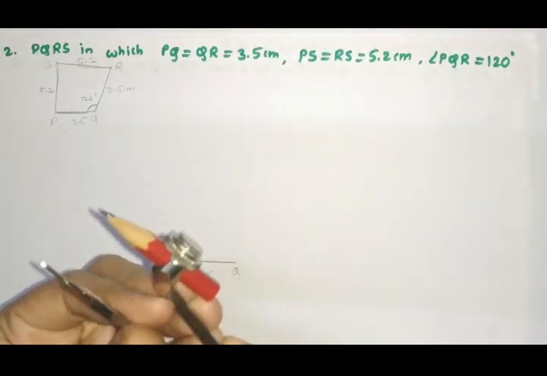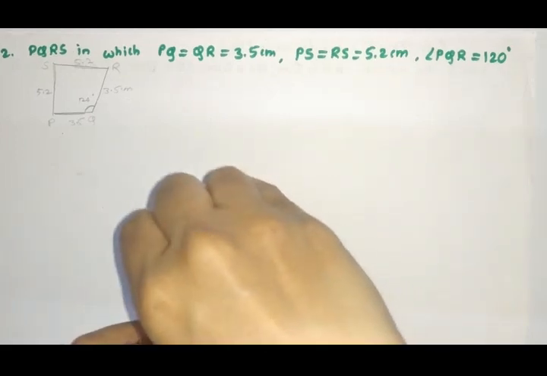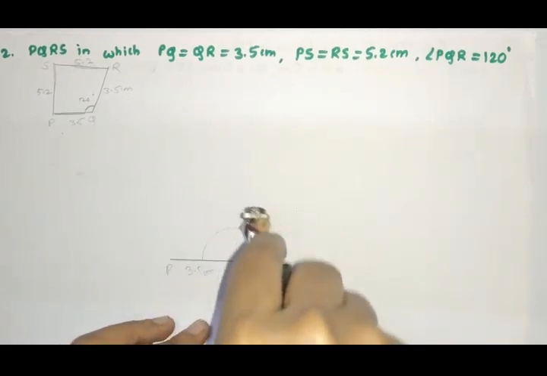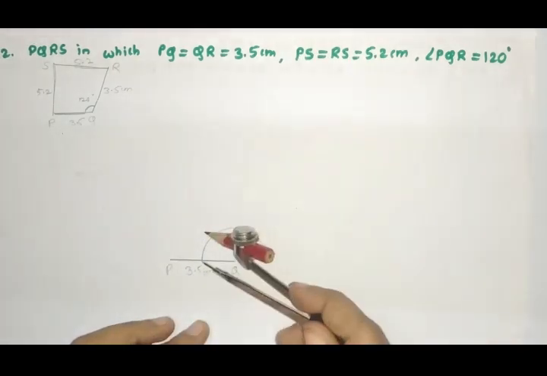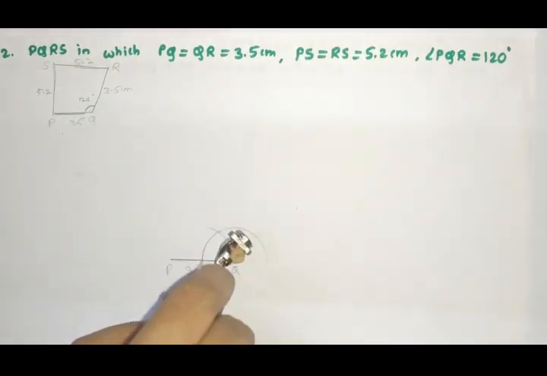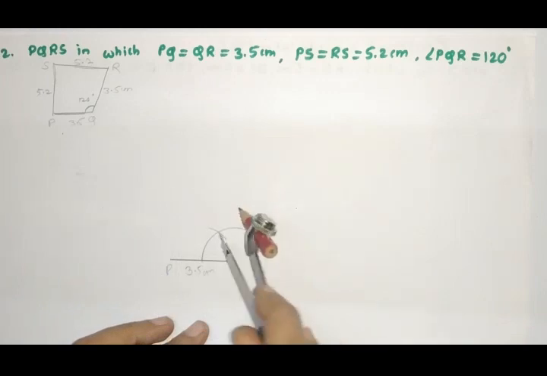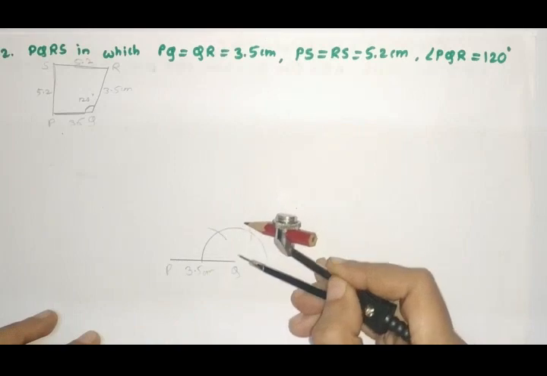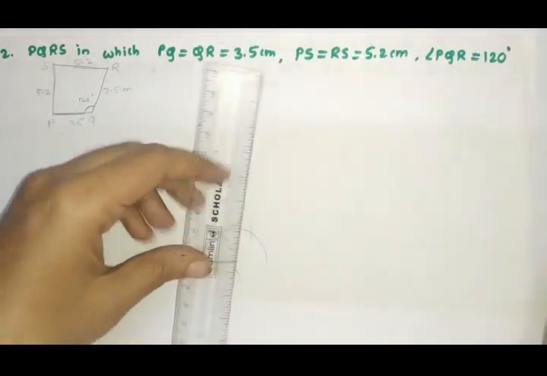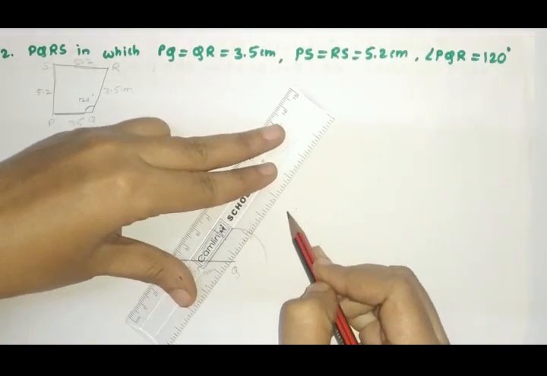Take any radius and just cut one arc here, and with the same radius cut one more arc. This is 60 degree, and with another arc you draw 120 degree. So the point which you got is 120 degree. So I'll just draw the 120 degree line here.